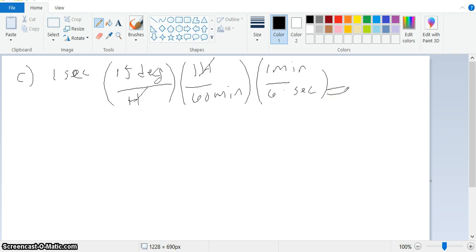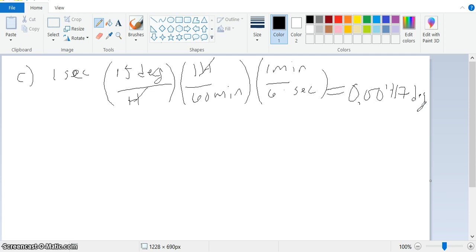So in 1 second, the sky, and of course the moon as well, moves 0.00417 degrees. All right, so try that. Take 15 divided by 60 and then divided by 60 again.